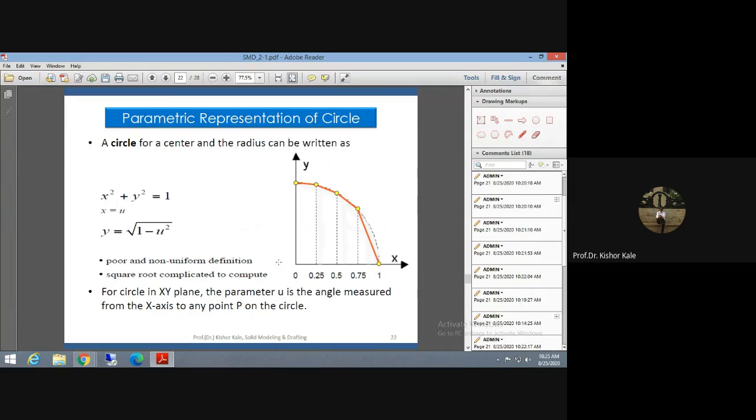Our circle with its center and radius can be written as, can you write this equation, x square plus y square equals 1? Okay, how much is the radius here? In this equation, how much is the radius?